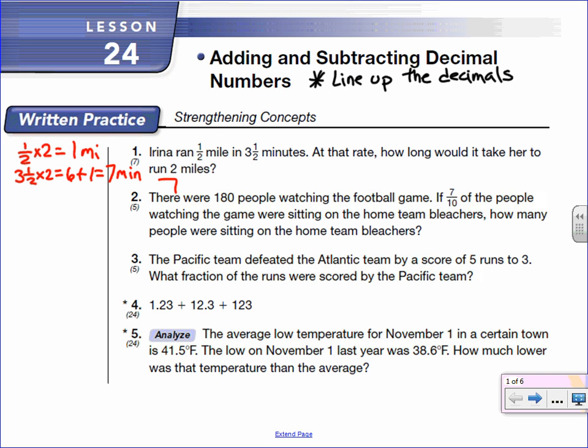So she's running 7 minutes per mile, and then if we multiply that by 2 miles that she's running, each mile will take 7 minutes, so it'll take her 14 minutes.